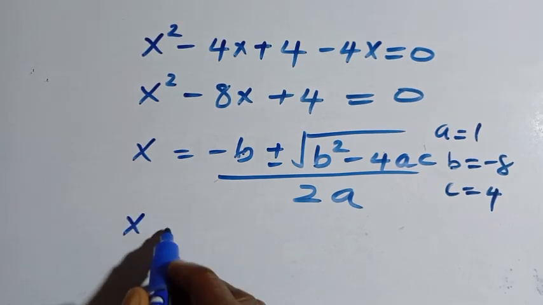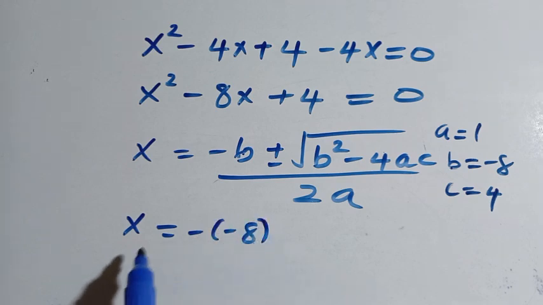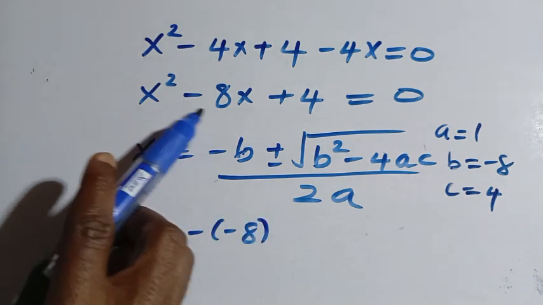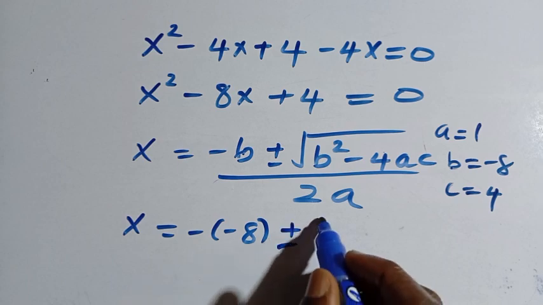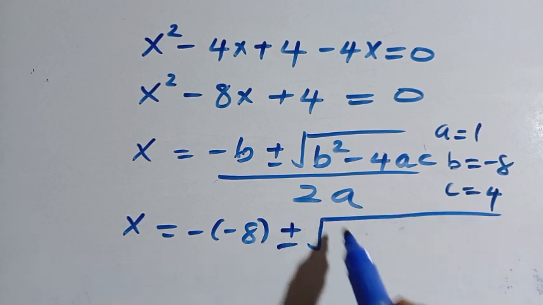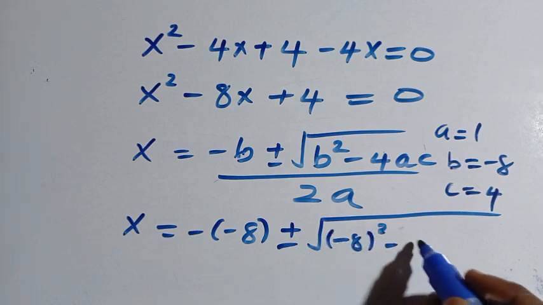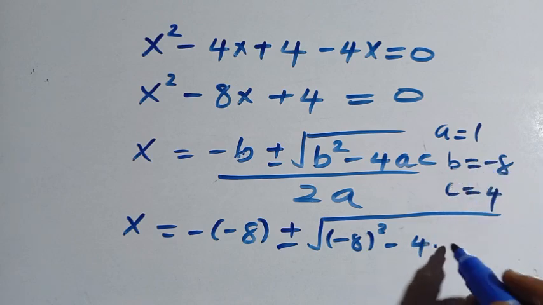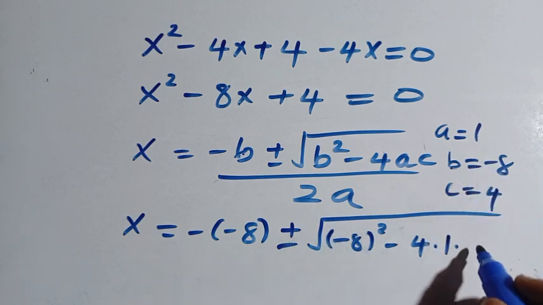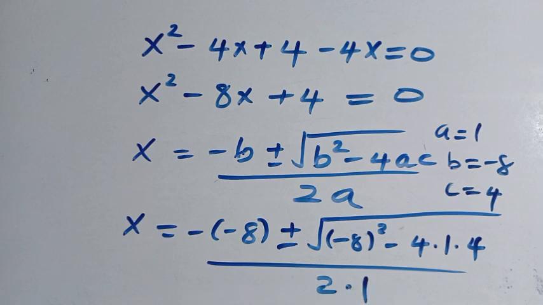Then we have x equals minus into bracket of minus 8, because this b has a minus before. So here is plus or minus the square root of minus 8 squared minus 4 multiplied by a, which is 1, multiplied by c, which is 4, divided by 2 multiplied by 1.